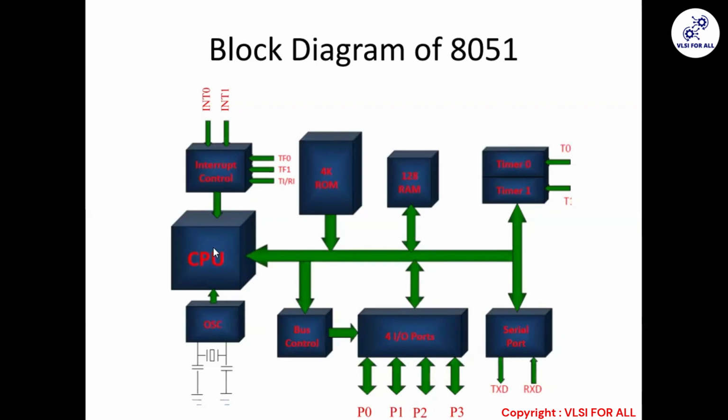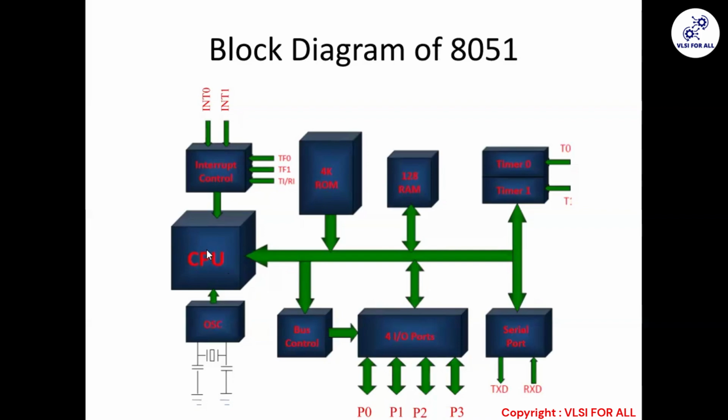So this is our CPU, the central processing unit. You can call it ALU also, the arithmetic logic unit, where all arithmetic and logic operations happen. Our 8051 is an 8-bit microcontroller, so 8-bit and 8-bit operations happen here.